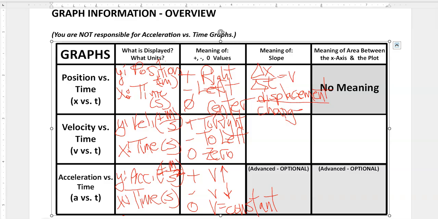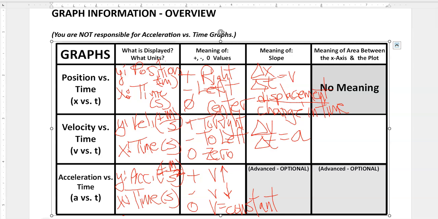You can think of change in time as just the amount of time. And you still have to take the difference between the final and initial values of both. For the velocity curve, the slope is the change in velocity over the change in time, and that is equal to acceleration. And we're not going to go into what it is for the acceleration plot.